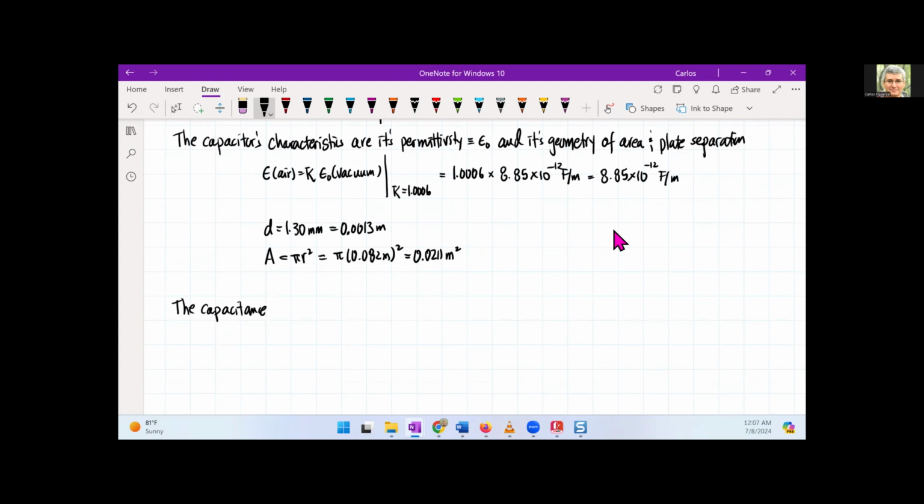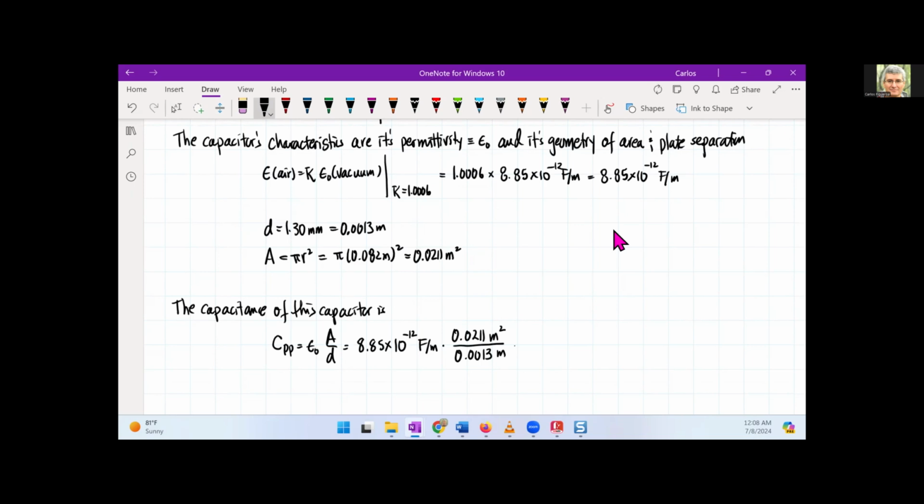The capacitance of this capacitor is going to be epsilon naught times the area, divided by the separation. So I write 8.85 times 10 to the minus 12 farads per meter, times my area, 0.0211 meters squared, divided by 0.0013 meters.